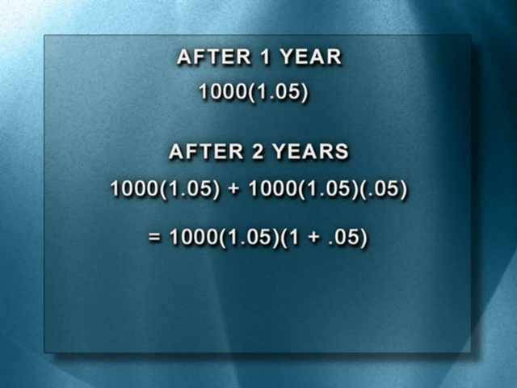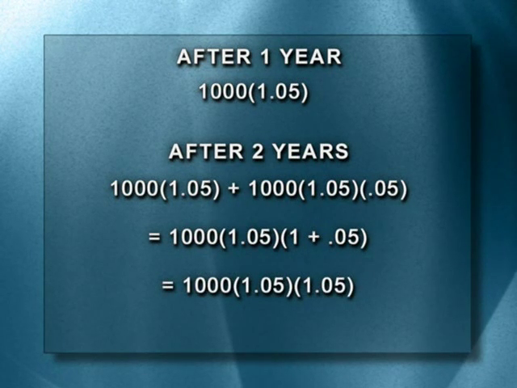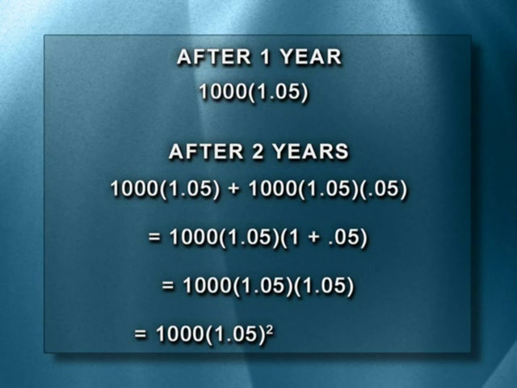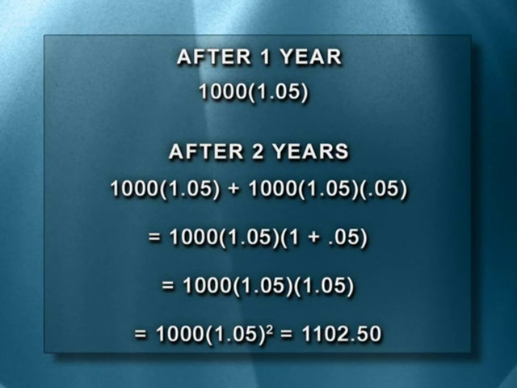Kind of neat, isn't it? You're left with 1,000 times 1.05 times 1.05, or 1.05 squared. And if you punch that on your calculator, you'll see that you now have $1,102.50. So that second year, you made a bit more than $50, didn't you?